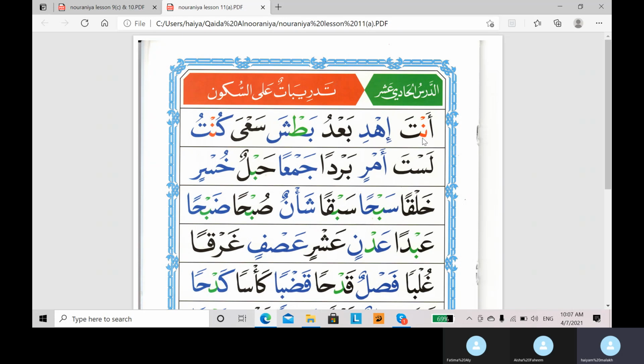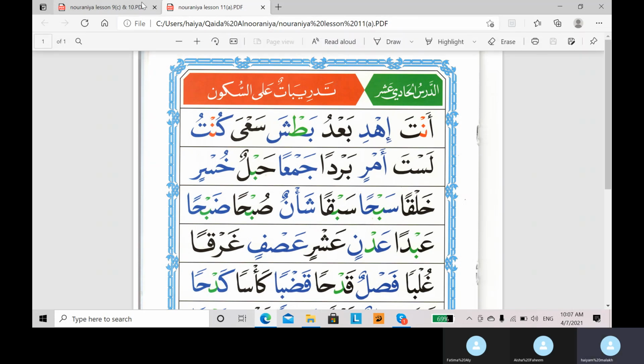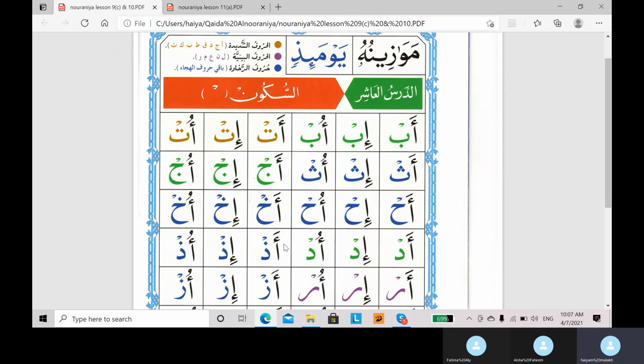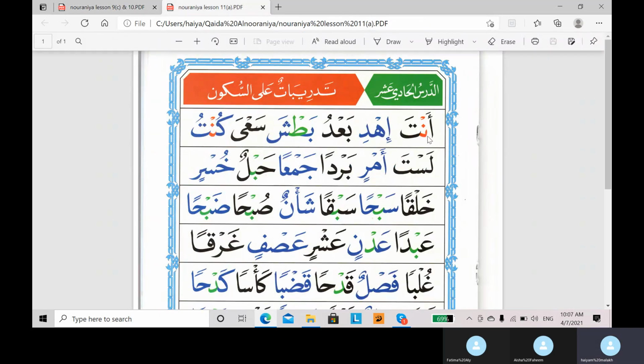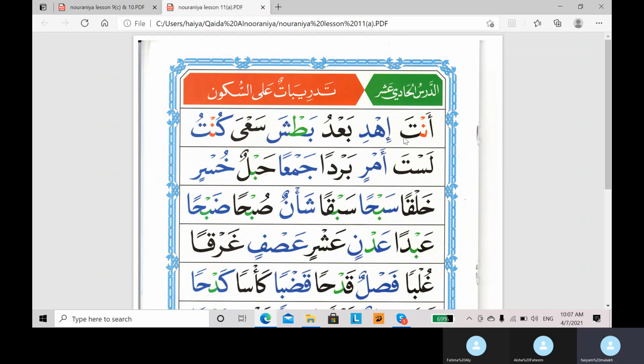The same as what we read in this lesson: ab, ib, ob, ach, ich, och, ad, id, od, like that. So here I will say hamza fatha noon sukun an, ta fatha ta, anta. Hamza kasra ha sukun ih, dal kasra di, ih di.